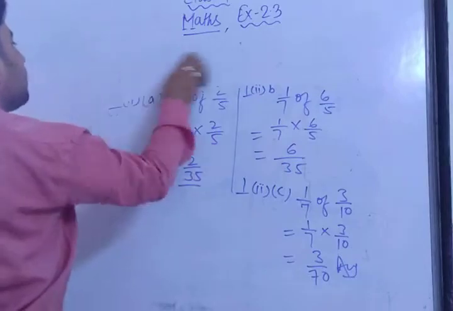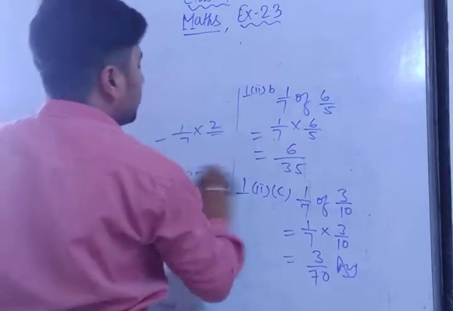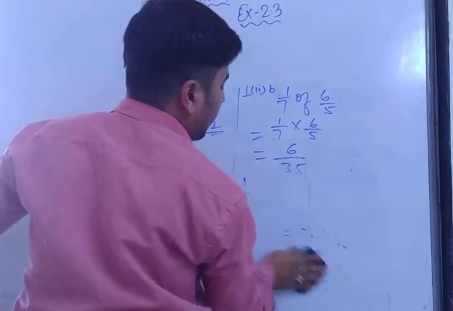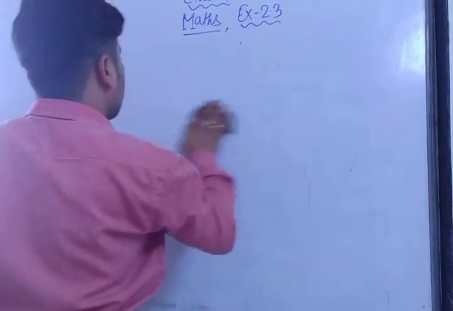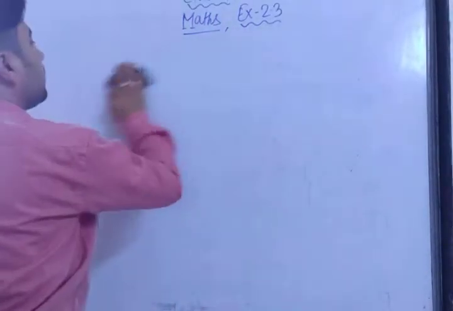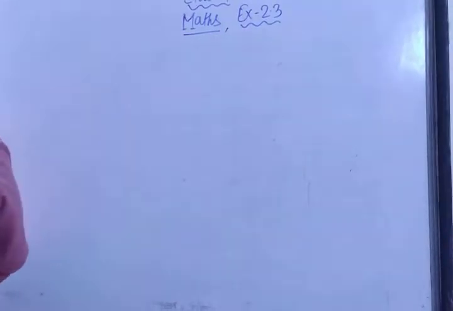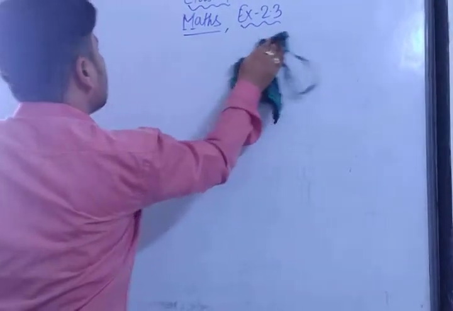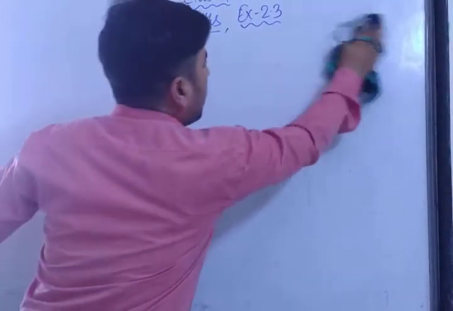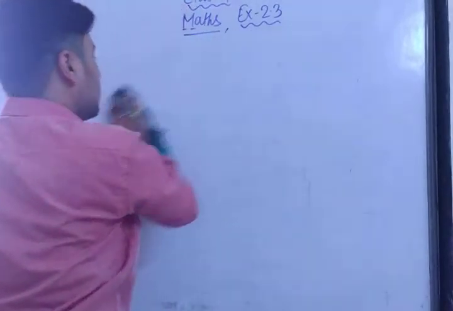After multiplying we have to reduce it till the last term, as we will get the answer. So now we are moving towards exercise 2.3, question number 2. As question number 1 we have finished, now we will move towards question number 2.